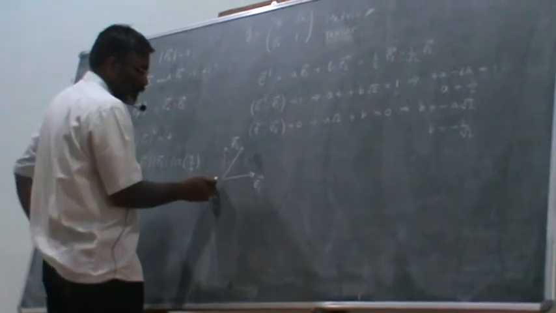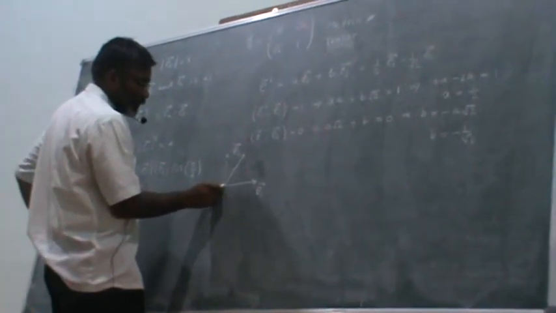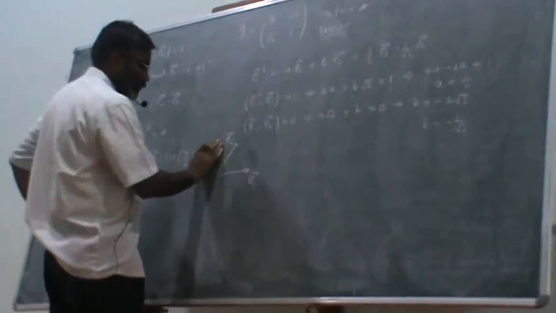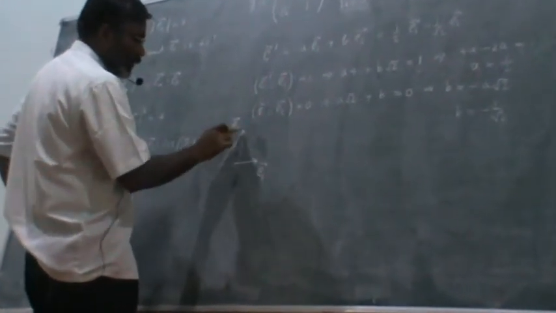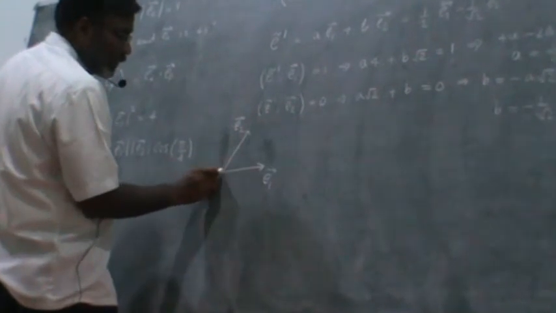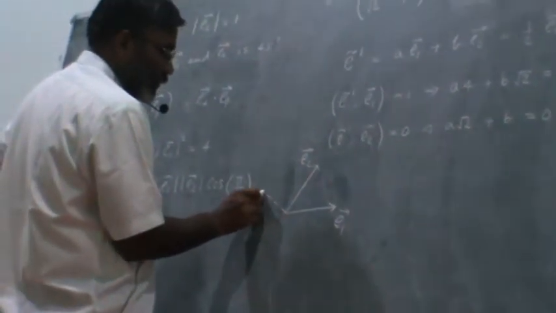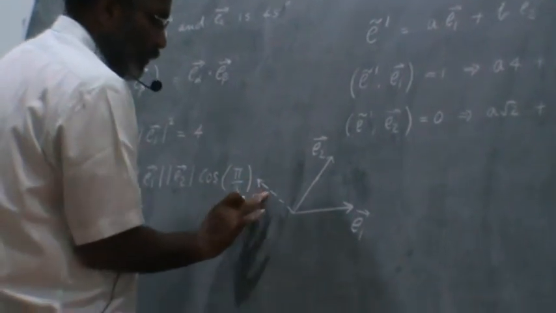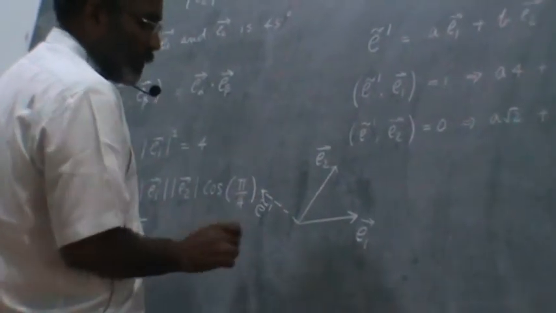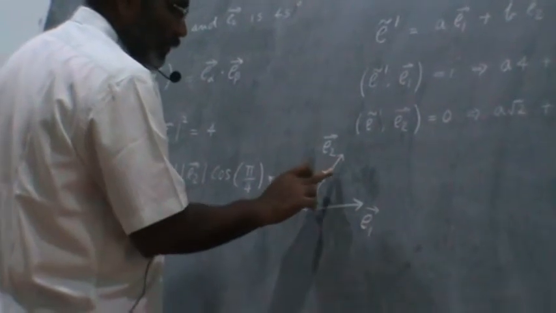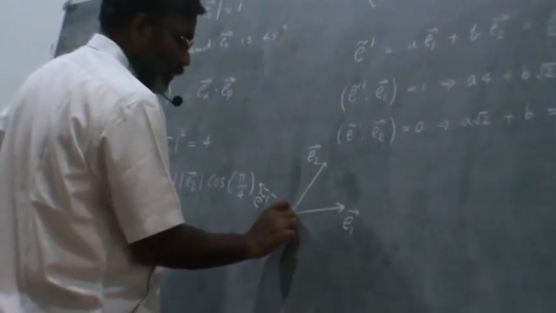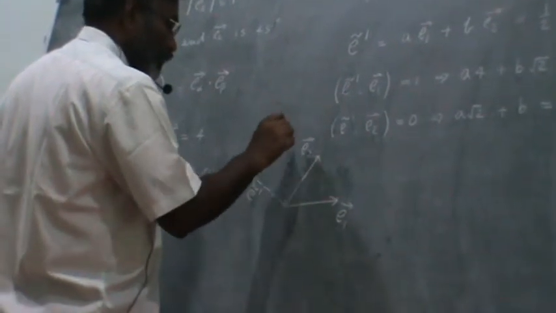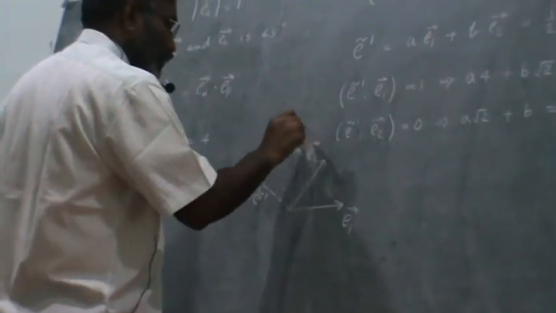And E2 tilde should be perpendicular to E1, so this is something like this. This is E1, and this is perpendicular to E1, E2 tilde.